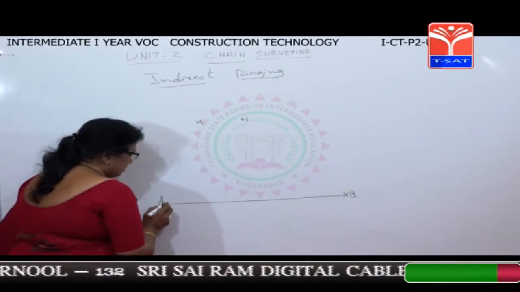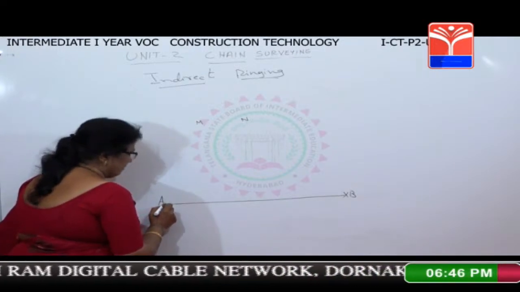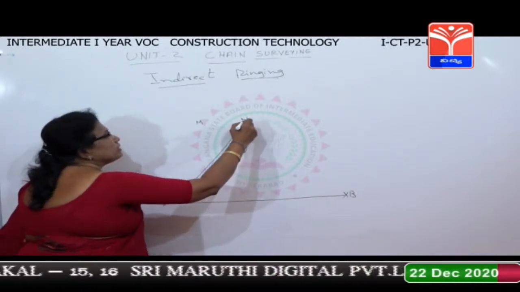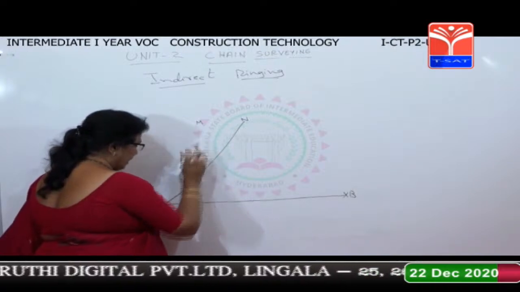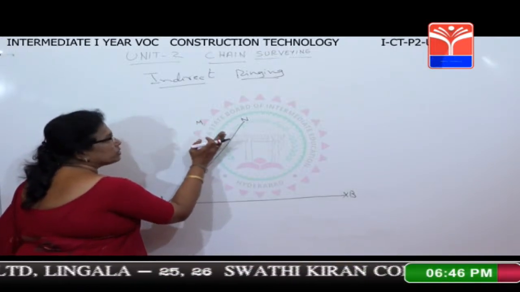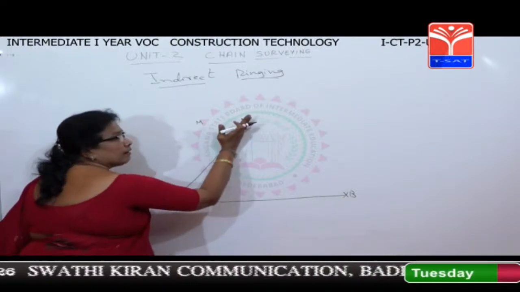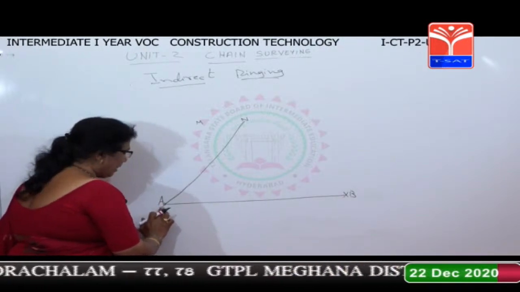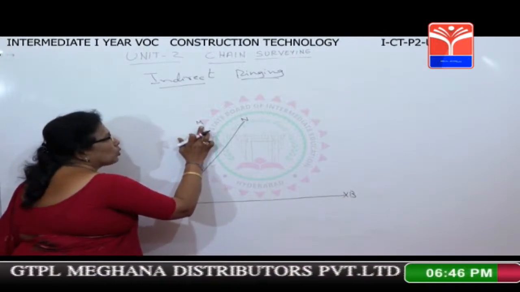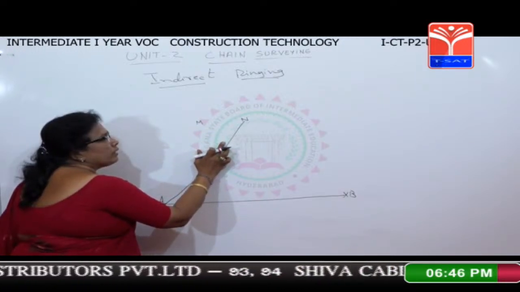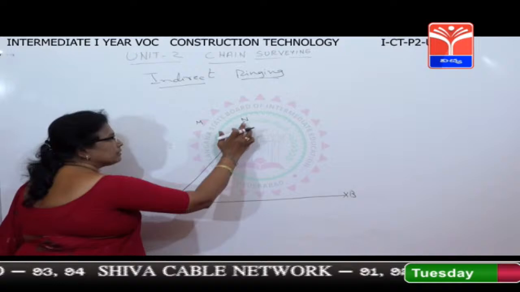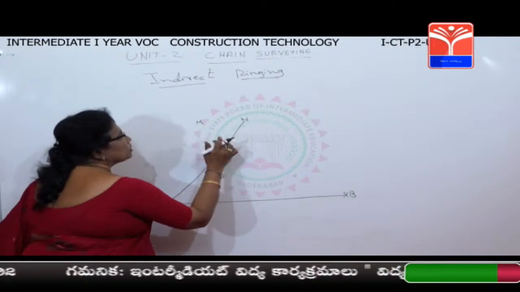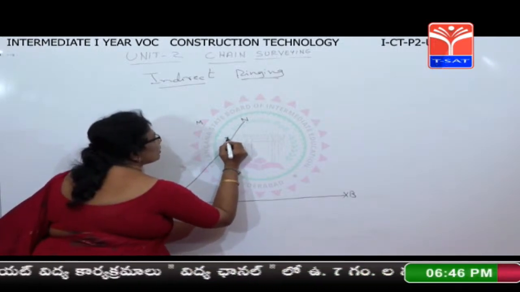Now, the person standing near A will hold the ranging rod and direct person M to move in this line AN. The person standing near A will ask M to move in the direction where these 3 points come in a straight line, A, M and N. The position here will become M1.